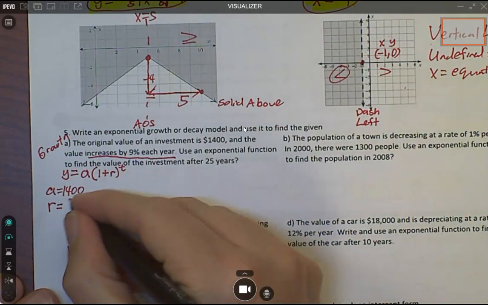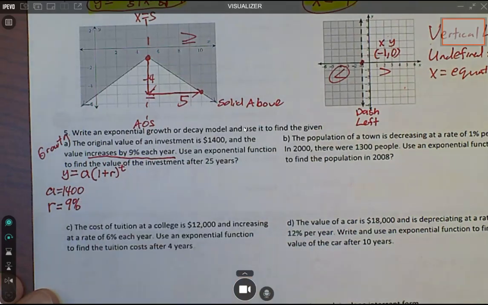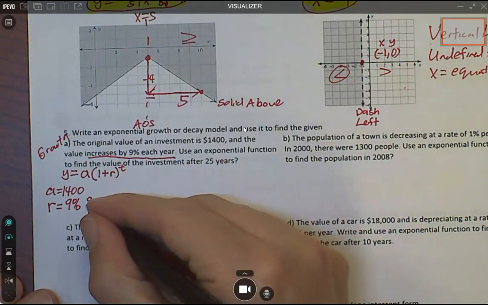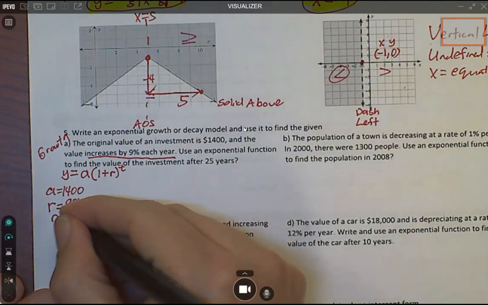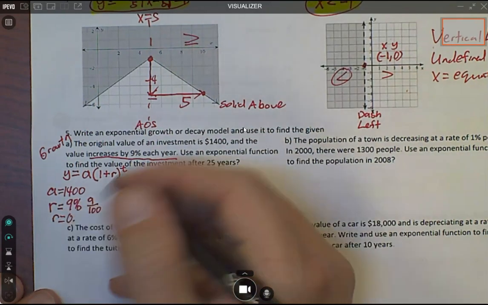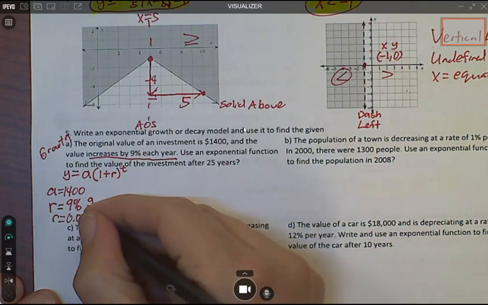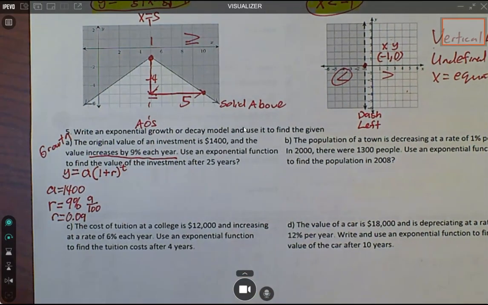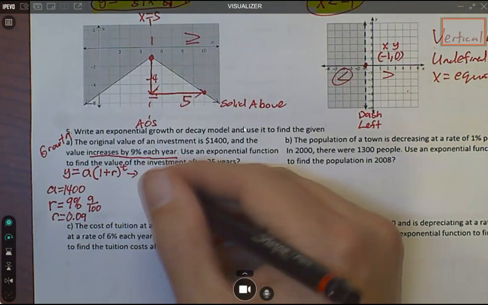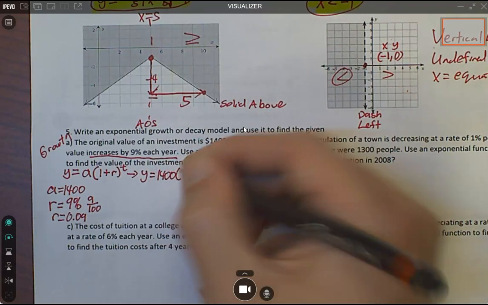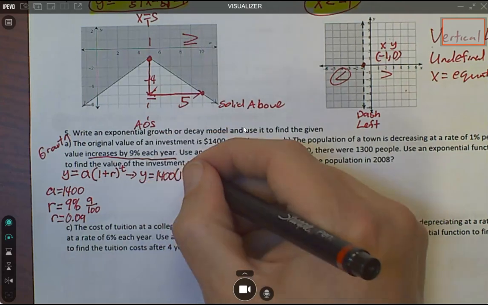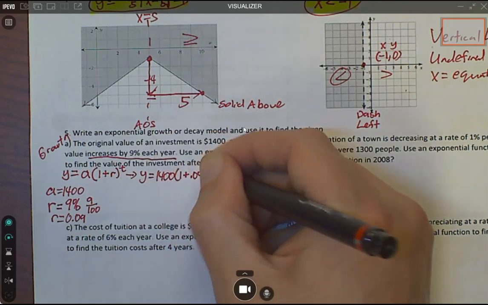How do I change 9% to a decimal? The definition of percent is per 100. So if I divide 9 by 2 zeros, R is going to be 0.09. So here's our equation. That initial amount goes in front: 1400 times (1 plus 0.09) to the T.